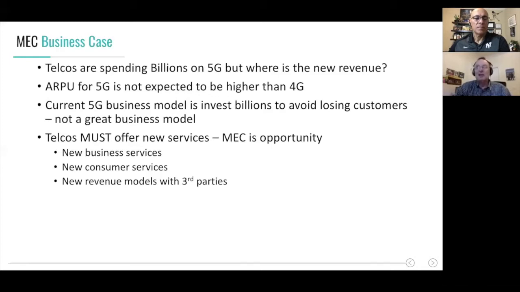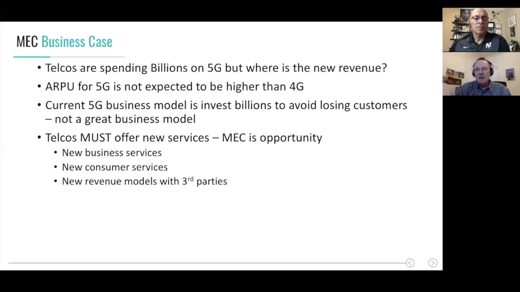So clearly, and I think everybody in the industry understands this, there's a real need for new services. These are new services that are going to generate new revenue on top of that existing revenue. Because without that, there's essentially really no business case for 5G, and we're going to see big problems with profitability. So in my view, that's a must: new services.